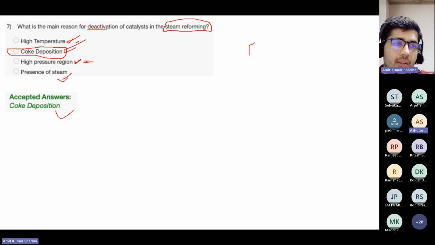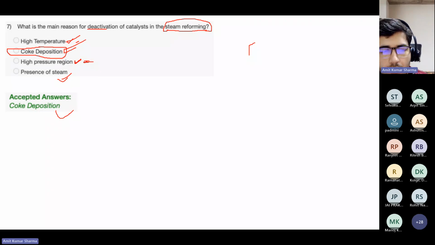But if the coke deposition is to a large extent, then your catalyst will be deactivated. That's why I always keep some extra steam. Generally we use a steam to carbon ratio of 3:1 in steam reforming, so we should have extra steam to avoid coke deposition.